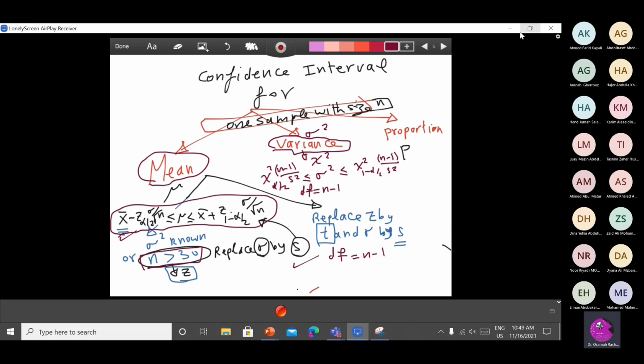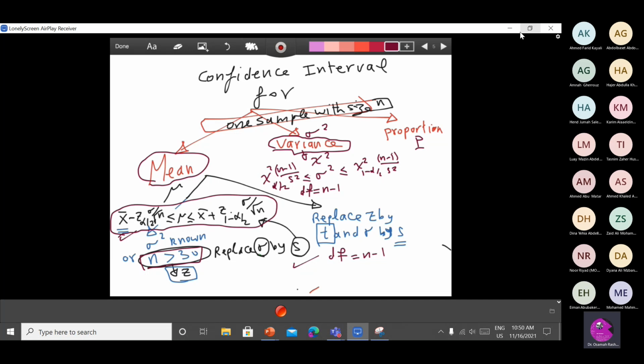Today, we are going to go for the proportion of any choice in the population, P. And we know the proportion of any event is the number of events in my sample over the sample size. So it gives me the proportion. What are we going to use for the proportion: Z, T, or chi-square?